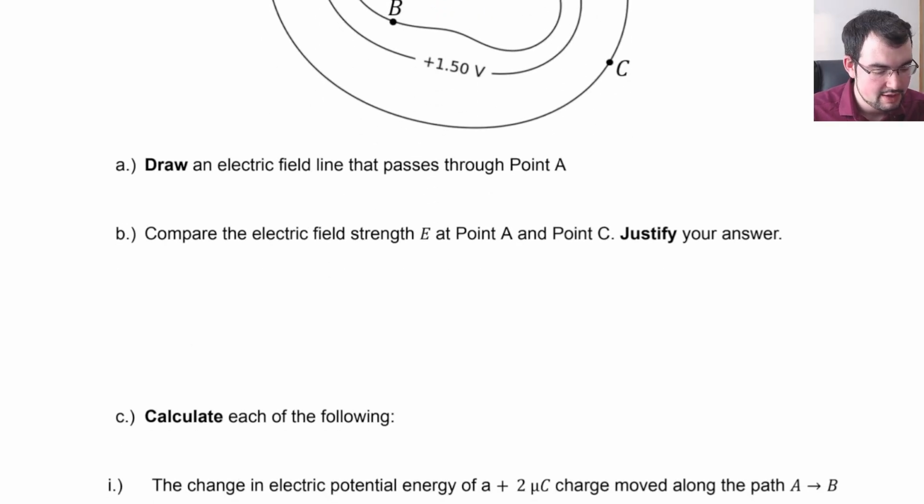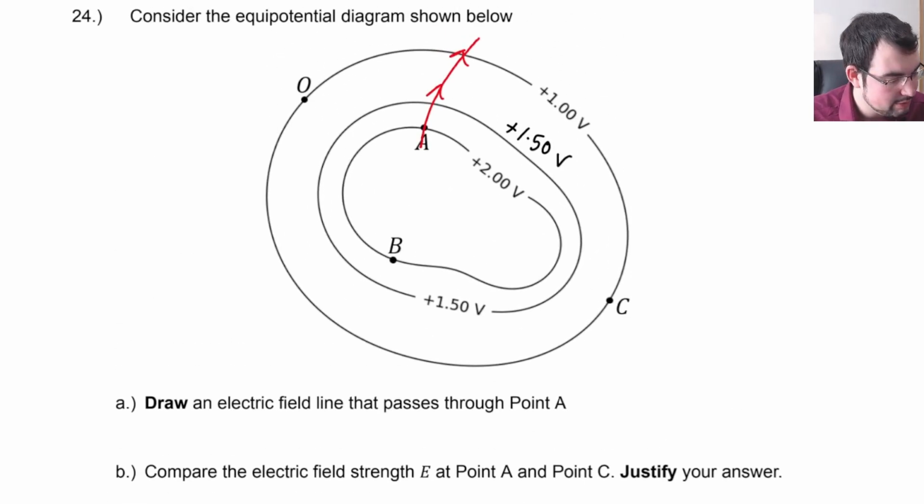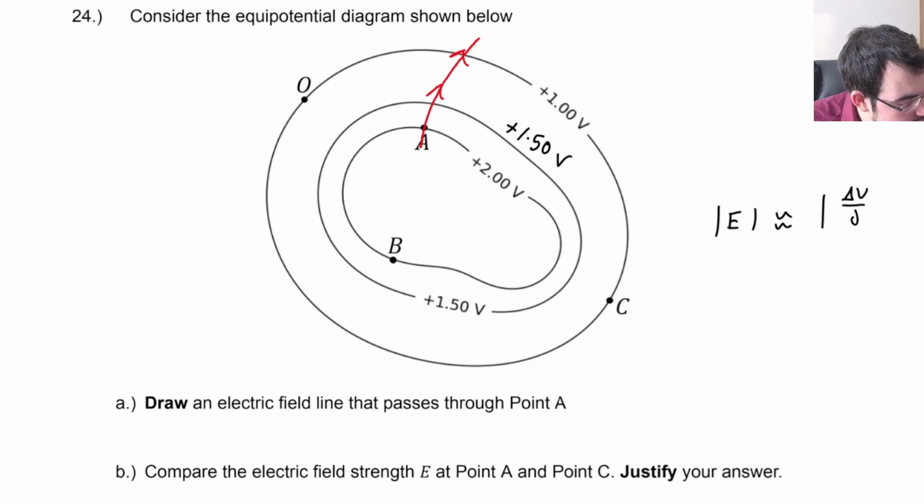Now we want to compare the E field at A and C in terms of magnitude, justify our answer. Well, we said that the magnitude of E can be approximated as the change in potential over a distance. So the closer together your field lines are, meaning this number gets smaller, the higher your E field. So where's the E field stronger?